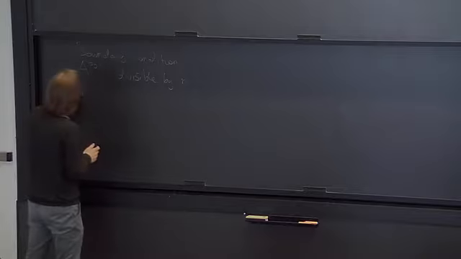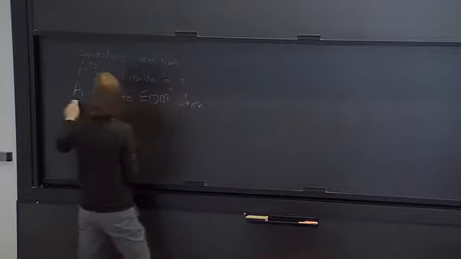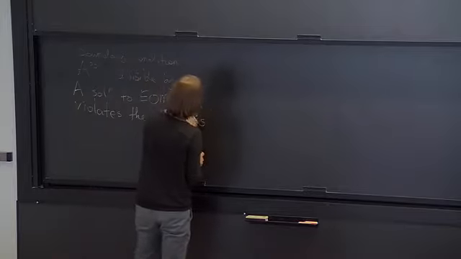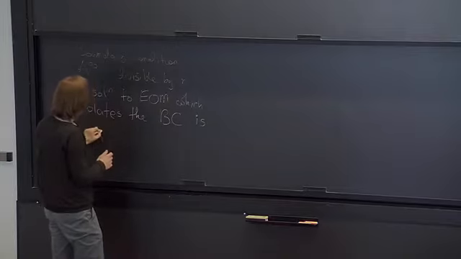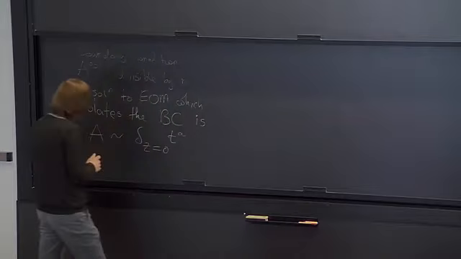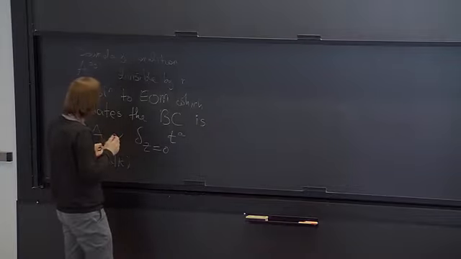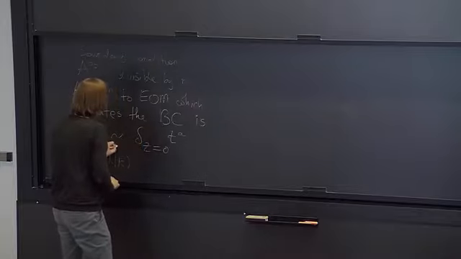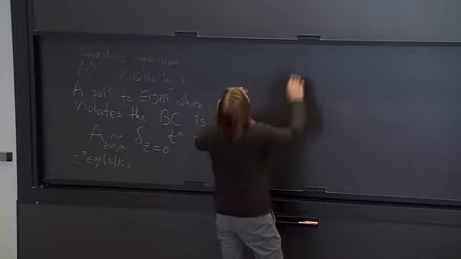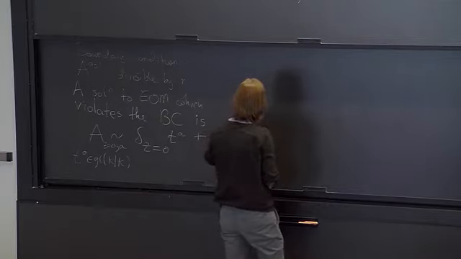So a solution to the equations of motion which violates the boundary condition is given by A, which looks like a delta function at z equals 0 times some Lie algebra element, plus a correction term, a factor of n, 1 plus v squared dw bar times 1 over z squared.